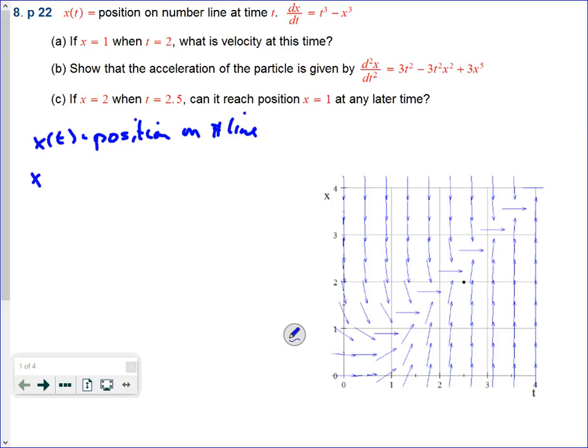So x prime of t, or dx dt, if you want to write it that way, this is the velocity at time t. Okay, which is kind of hard to read there, but that's the acceleration.